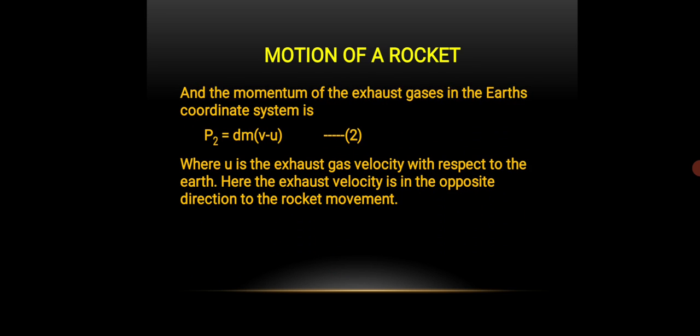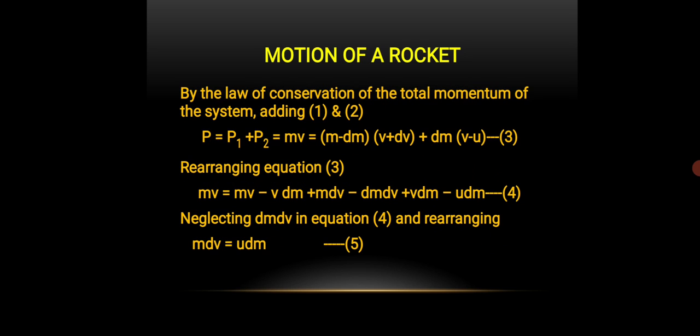The momentum of the exhausted gas, right? We'll write it as p2 equal to dm, the change in mass, into the change in velocity. Here u is the exhaust gas velocity with respect to the earth, so we are going to put that, and this is going to be in the opposite direction. Now adding p1 and p2 will give the total momentum.